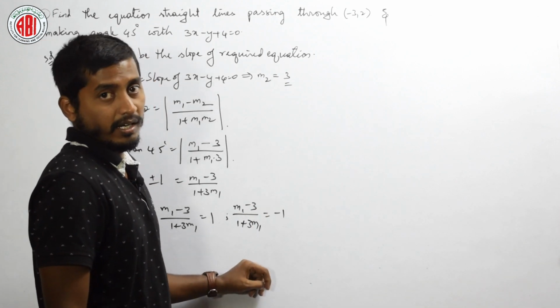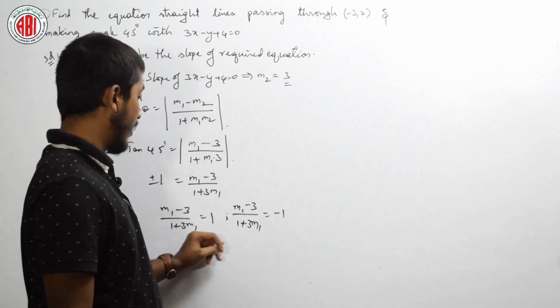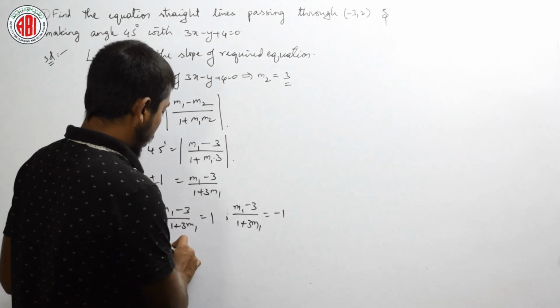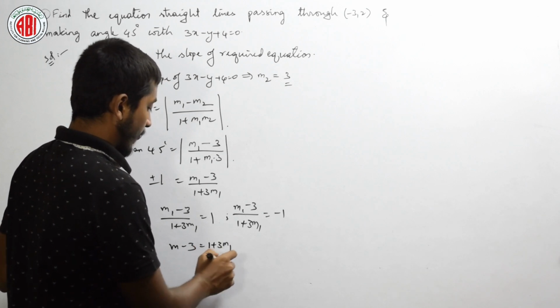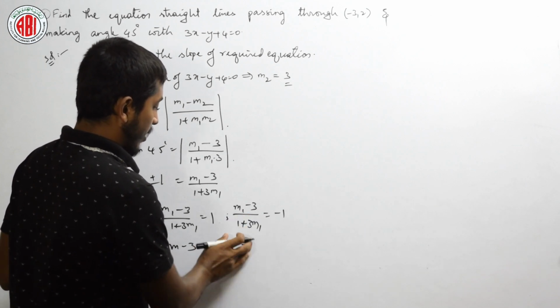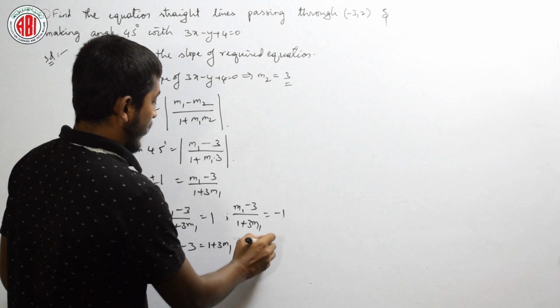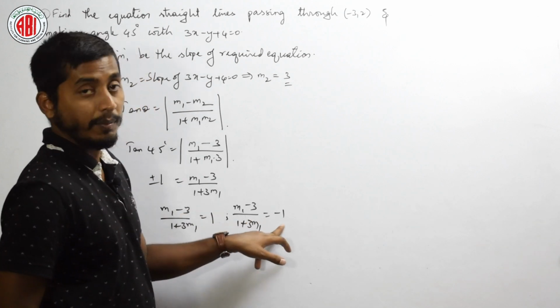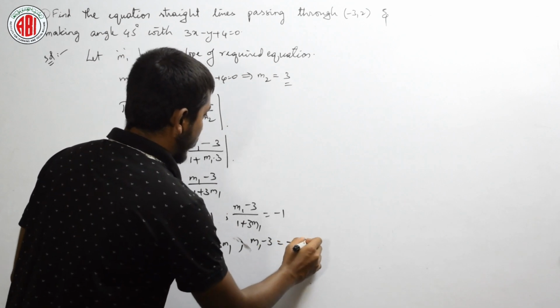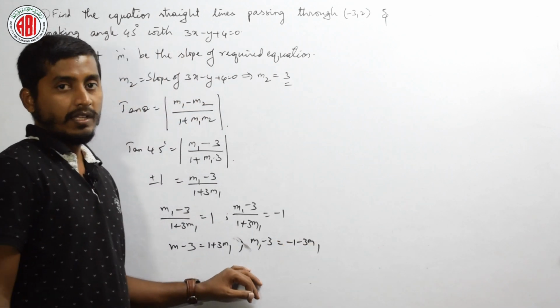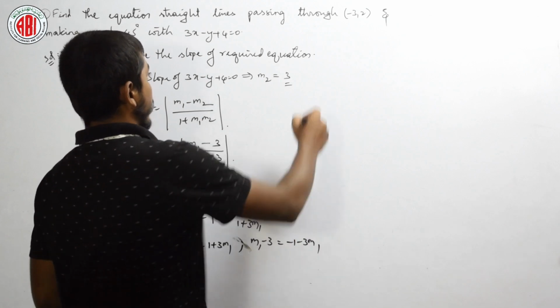We have two different values of m. Now we have to simplify this. It becomes m1 minus 3 equals 1 plus 3 m1. Here, m1 minus 3 is equal to, let us cross multiply to the right hand side, minus 1 minus 3 m1. Is it okay?